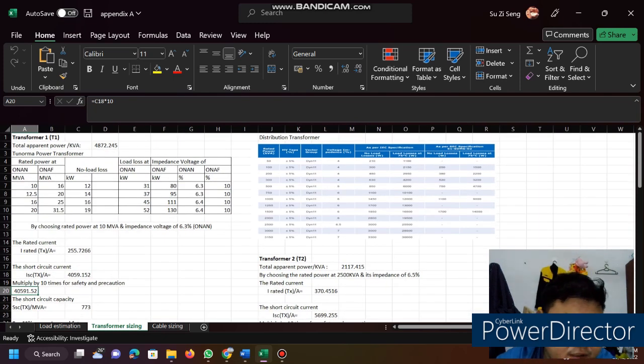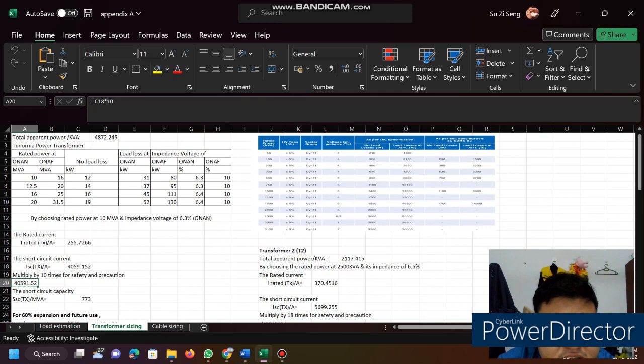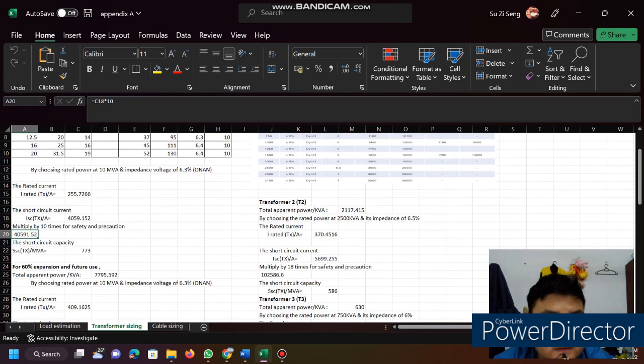This apparent power refers to the load estimation, and this I-rated is referred to the standard transformer table. After calculating I-rated, we use it to calculate the short circuit current, and multiply by the safety factor to get the short circuit capacity.